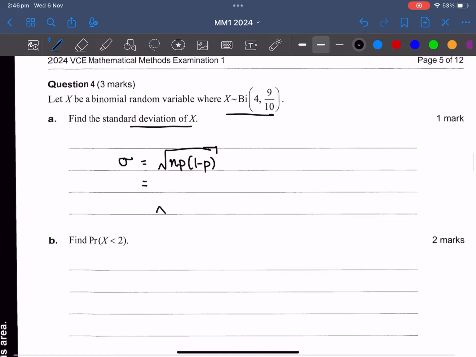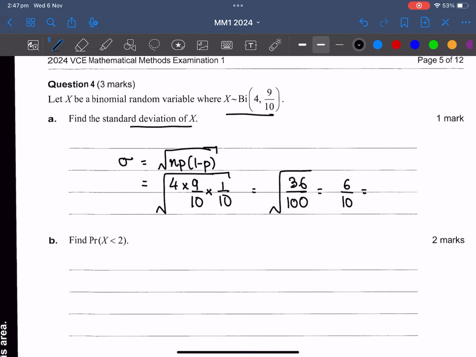So we'll have the square root of 4 times 9 over 10 times (1 minus 9 over 10), so 1 on 10. So we will get the square root of 36 on 100. So that will be 6 on 10, which will indeed be 3 on 5. So that is going to be our answer for this case.